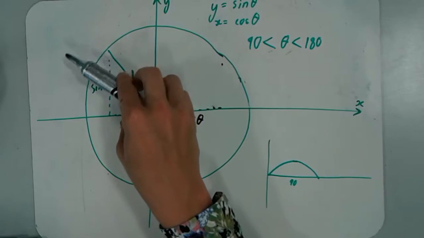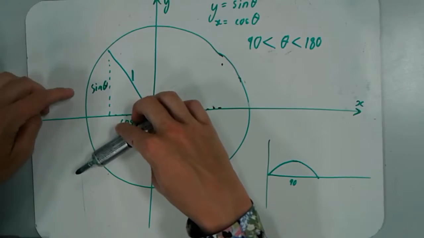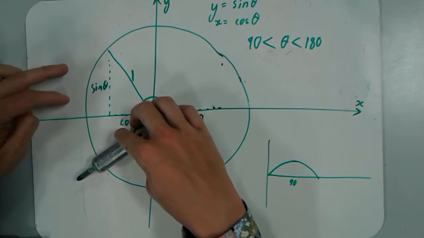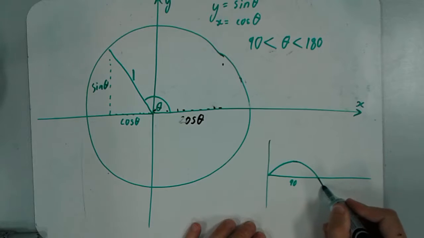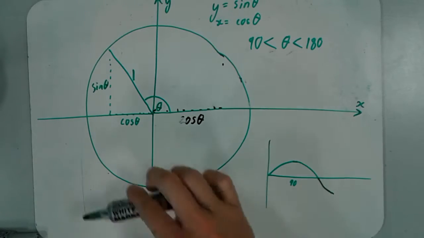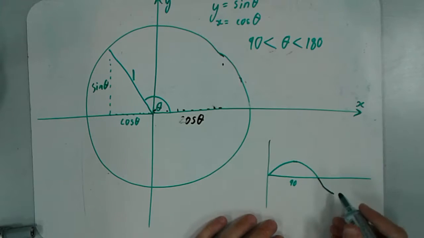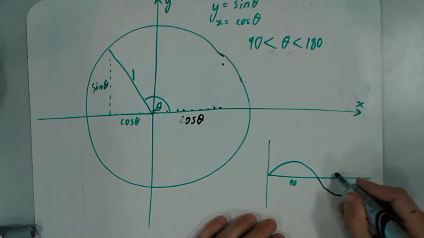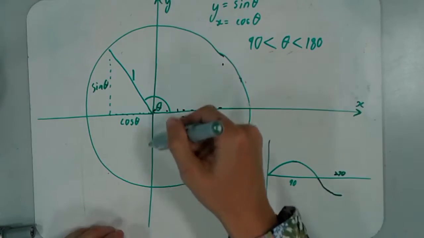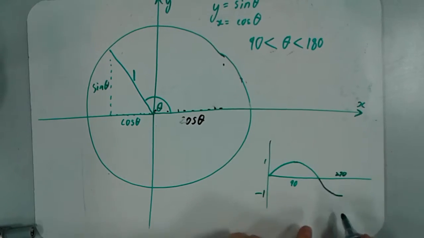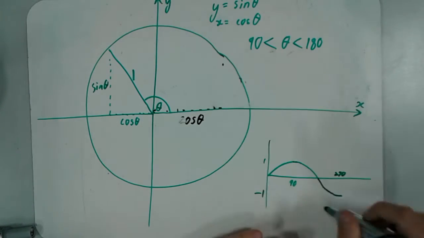If we continue to increase theta, now we would enter the third quadrant. The height, the y value, sine theta, would become negative, which is why our graph drops down there. Continuing to increase it into 270 degrees, we reach a minimum point of -1, where we're entirely downwards, and then we start to increase again, approaching 0 from below.